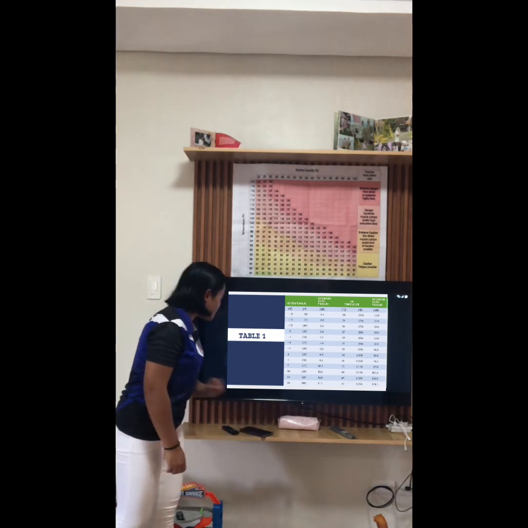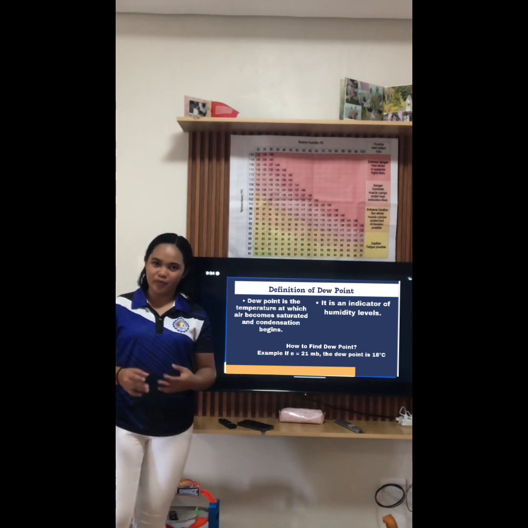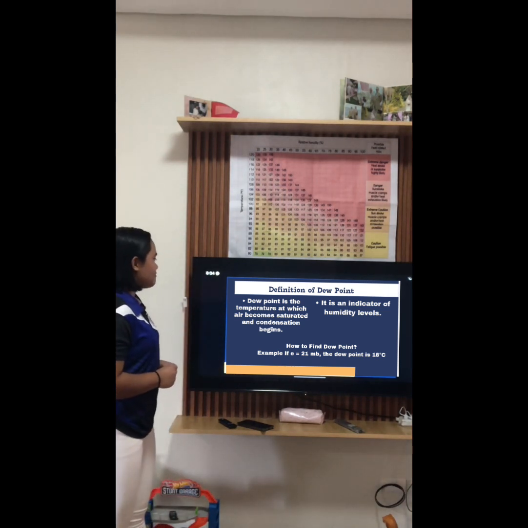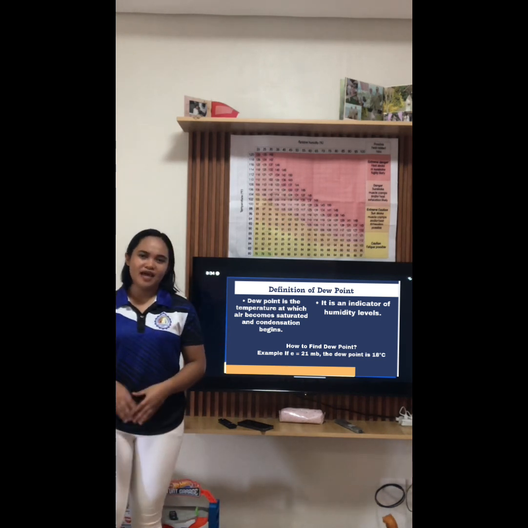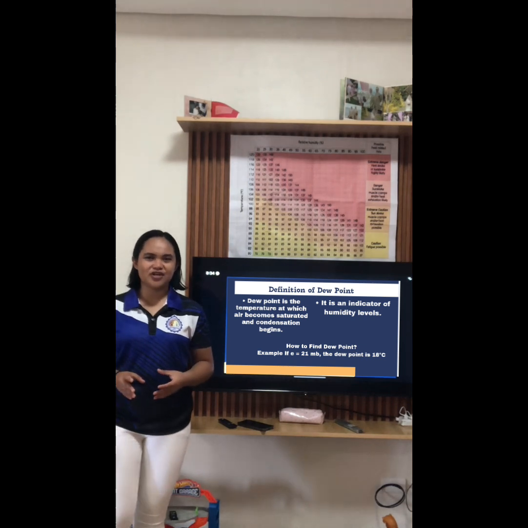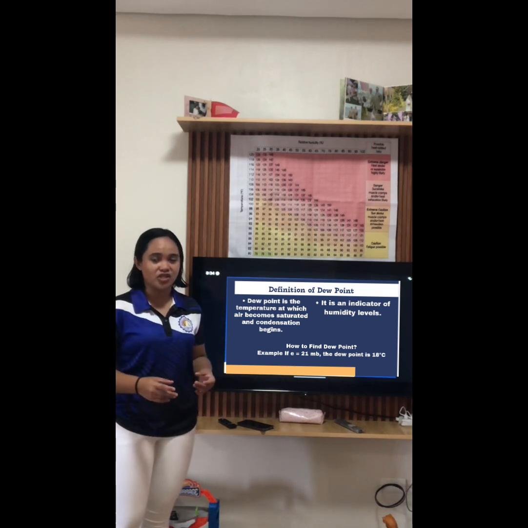Now, let's proceed to what is dew point. Dew point is the temperature at which air becomes saturated and condensation begins. Dew point is the temperature at which air can no longer hold moisture, leading to condensation.